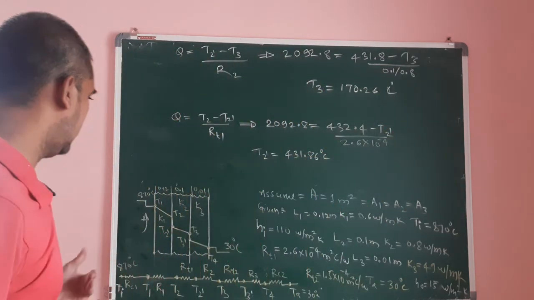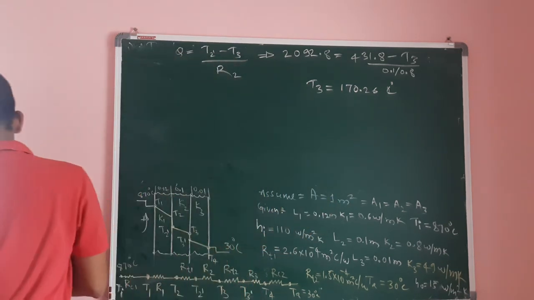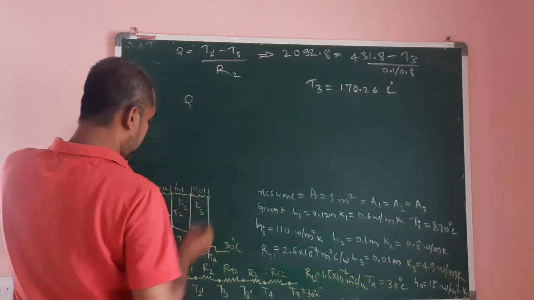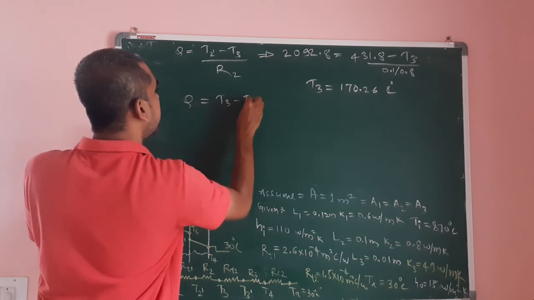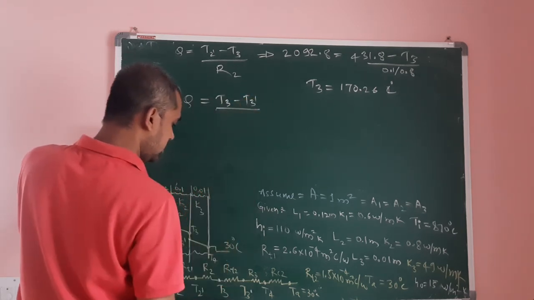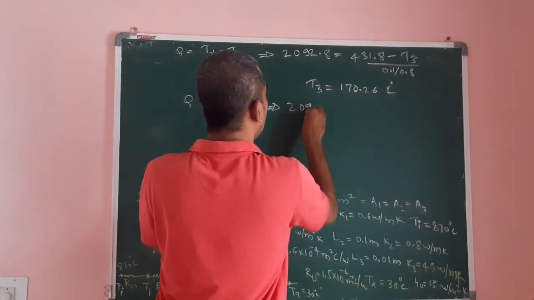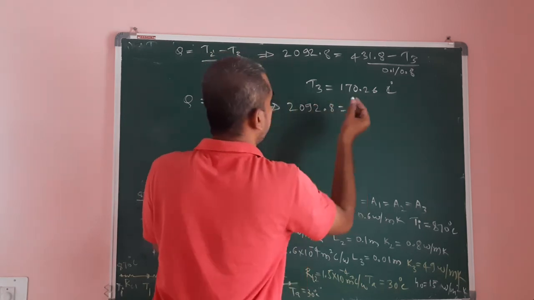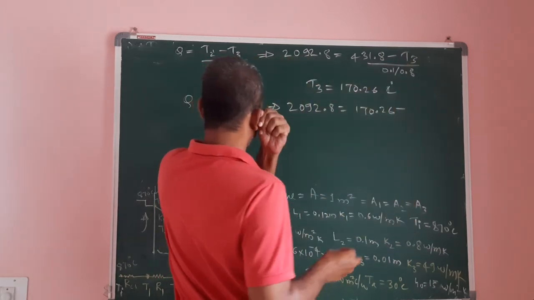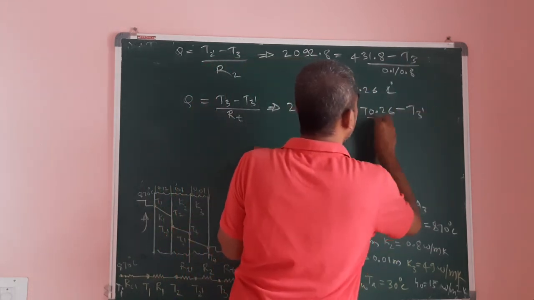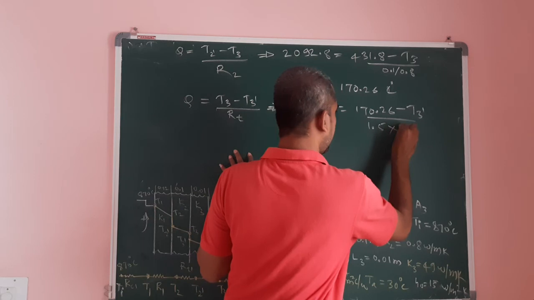Now T3 dash. Q is equal to T3 minus T3 dash, divided by the thermal resistance between them, that is RT2. So 2092.8 is equal to T3, which we know, 170.26, minus T3 dash, which we have to calculate, divided by RT2, directly given as 1.5 into 10 raised to minus 4.